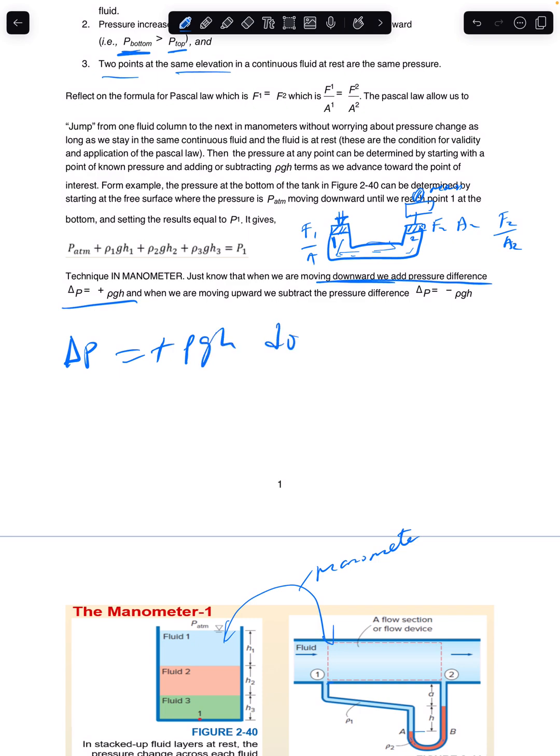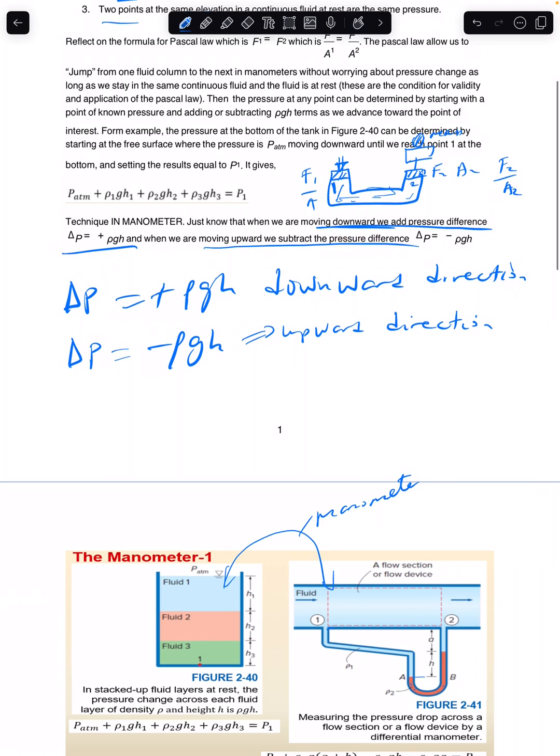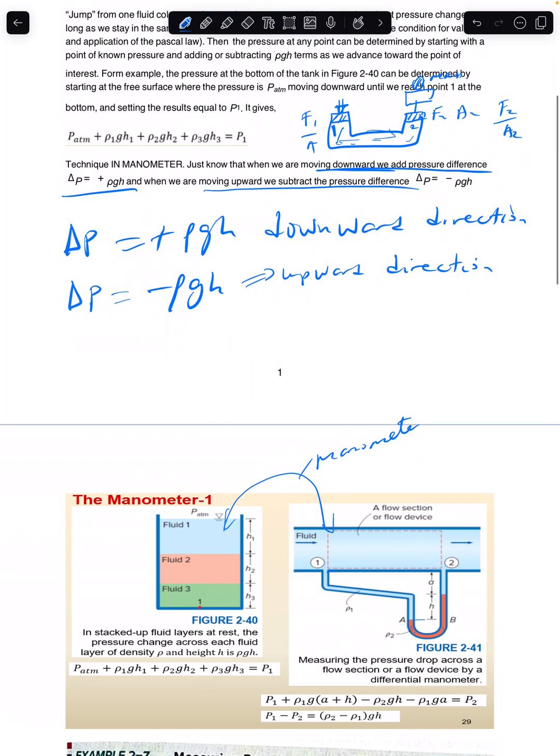That is for downward direction. And for a fluid that are moving upward, the pressure difference is negative. So this is for upward direction. That is the main technique you need to use to establish your formula for a manometer.